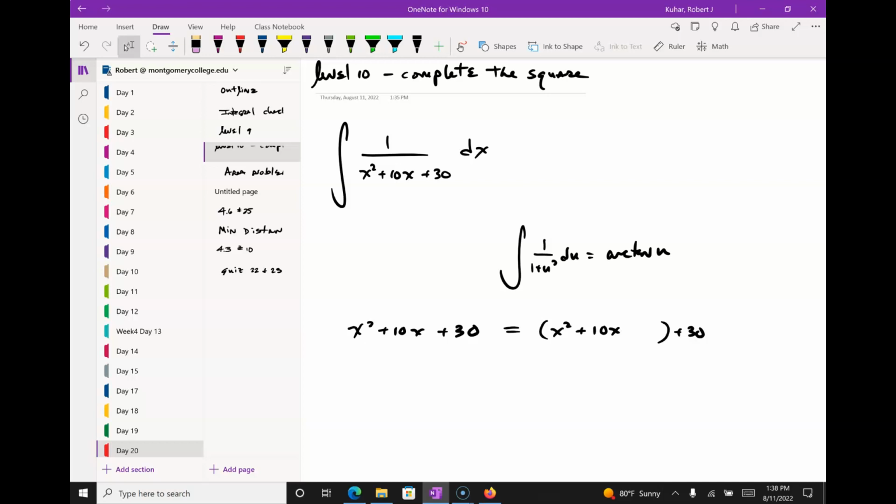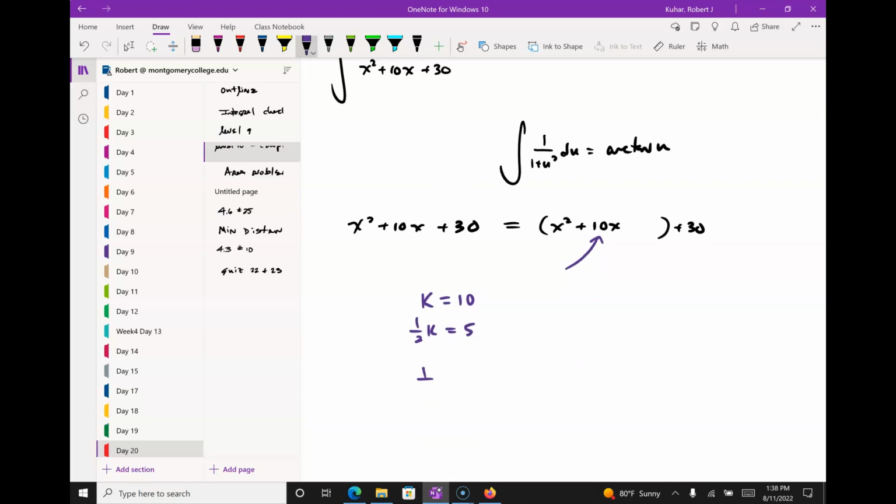But in this case, I find the value of k. I get half of it. I square it. I add it on the inside and subtract it on the outside. You remember completing the square?